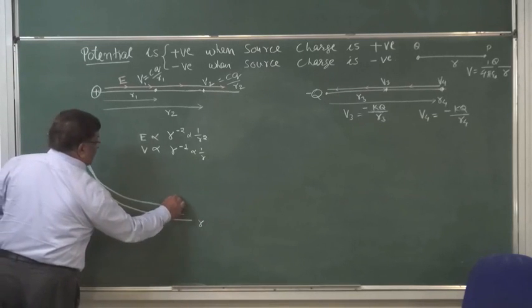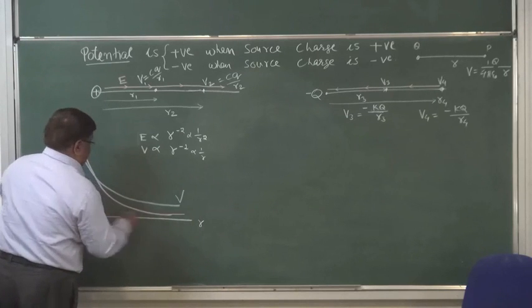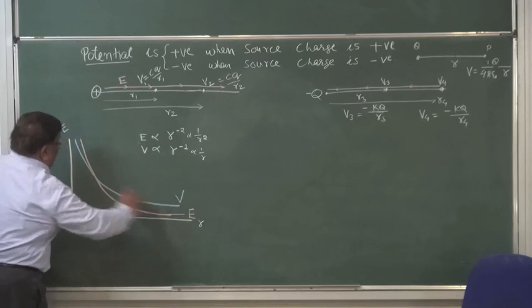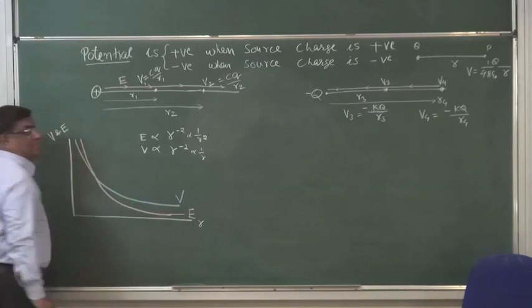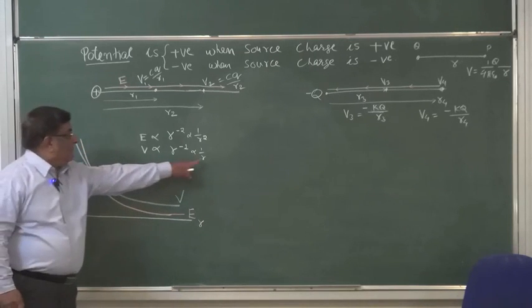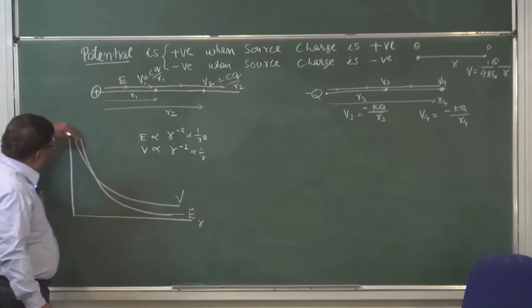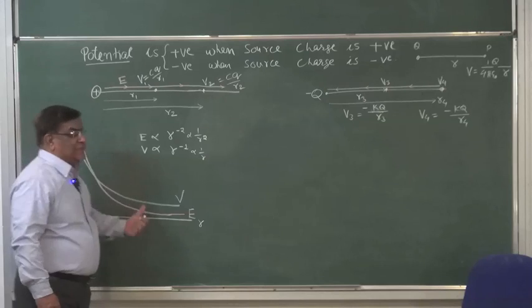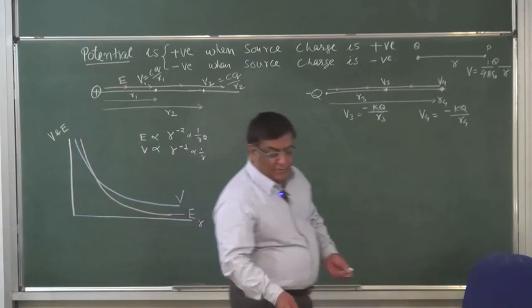This is the graph for V and this is the graph for E. This is deeper and this is less curved. From R1 to R2, the value of E will deplete faster. So this is how it will be.